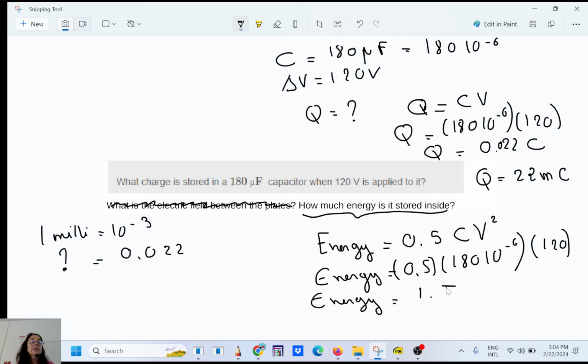So about what? 1 joule. Did you get 1.08? Oh wait, I didn't. Oh, I know. It's a square. Yeah, 1.296. So the 1.3 joule. Okay, I forgot the square.